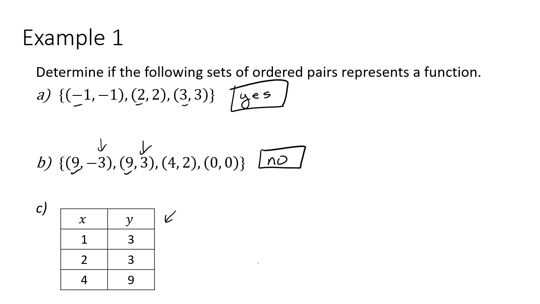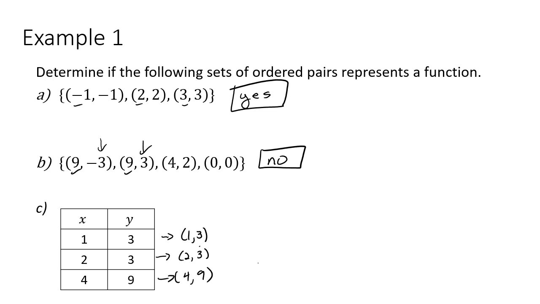For the last problem, we've got a table, but this is still ordered pairs, and now we've assigned variables x and y. So these are still just the ordered pairs (1, 3), (2, 3), and (4, 9). So the question is, does this list of ordered pairs represent a function?